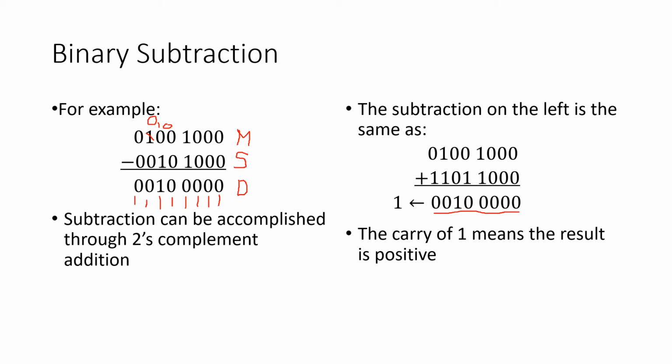Now, when performing this addition operation, note that there's a carry out of the 8-bit group of 1. But that carry out simply means that the result of the subtraction operation is a positive number.